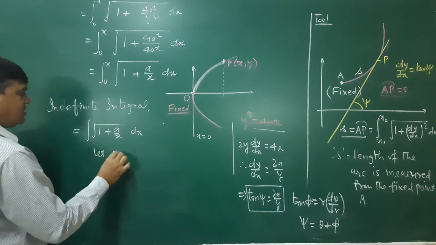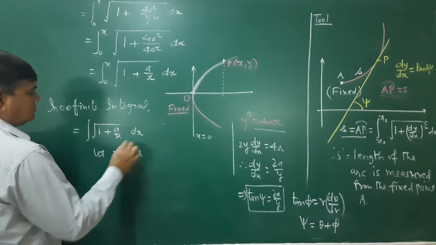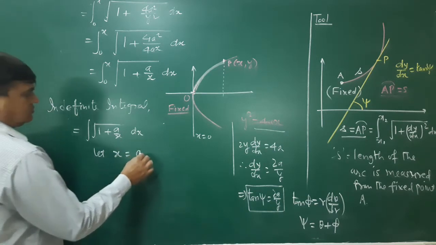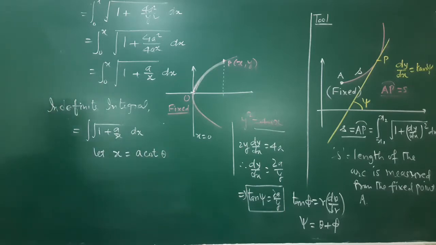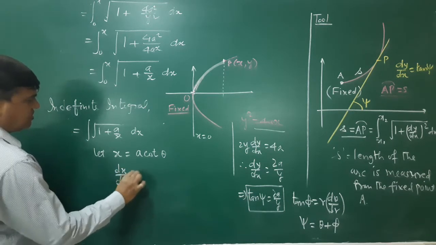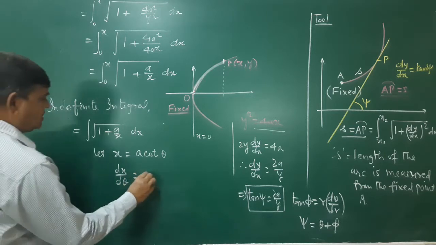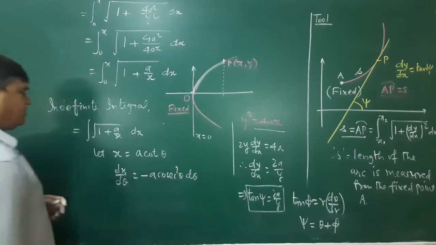Let x equals a cot theta. Then dx by d theta equals minus a cosec square theta d theta.